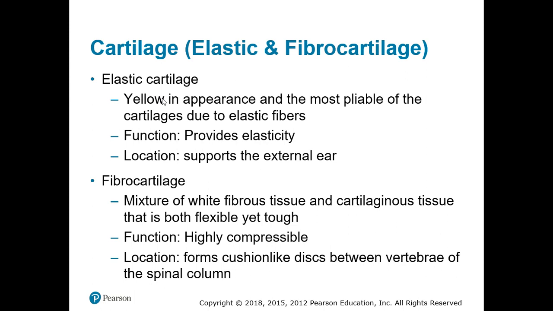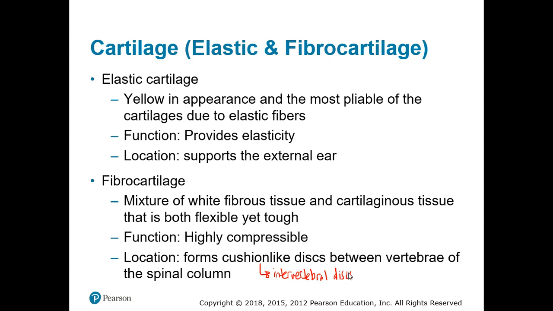For this reason, they are located in between your vertebrae, and there they form those little cartilaginous discs or cushion-like discs between each of your different vertebrae bones. Most of you guys, I don't know if you've ever heard it, but these cushion-like discs are called intervertebral discs. And these help prevent your vertebrae from rubbing against each other, so they provide that soft cushion.